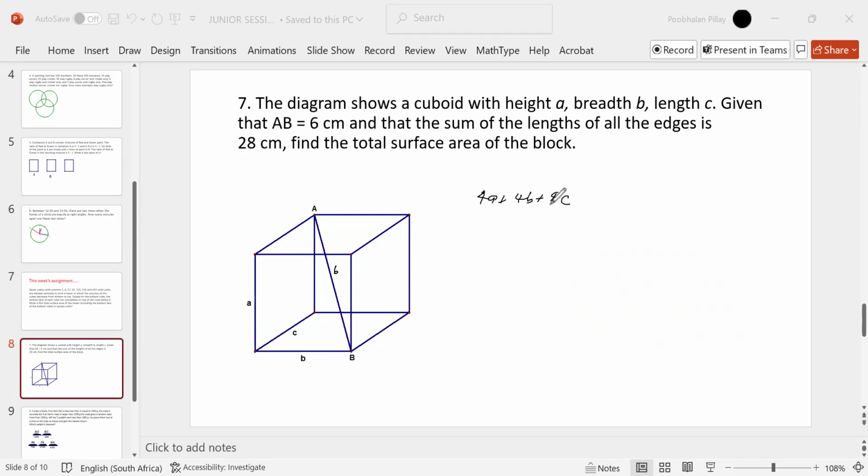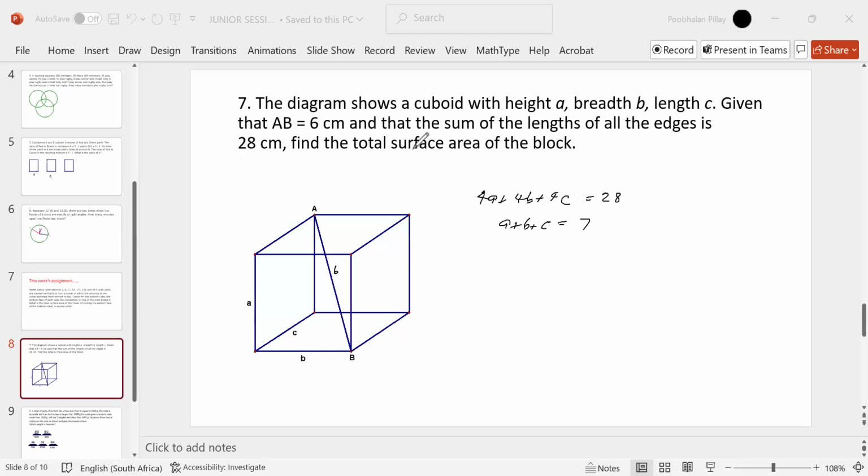That makes the 12 edges. Right? And that sum is equal to 28. It's given that 4A plus 4B plus 4C is 28. So A plus B plus C is 7. All right.